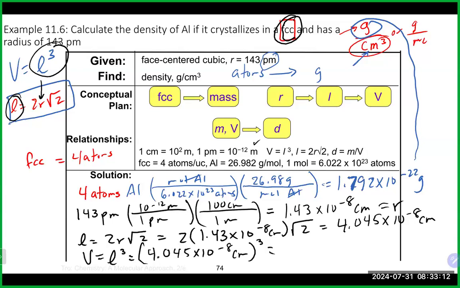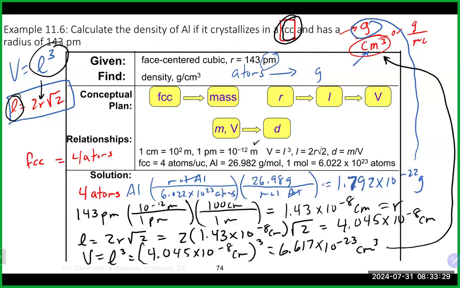I'm going to take that number I got there and cube it. And that will give me 6.617 times 10 to the minus 23 cubic centimeters, which is my volume here, right? Any questions on that calculation?